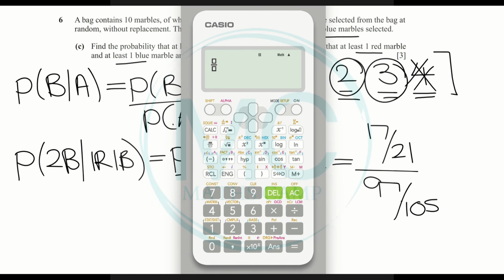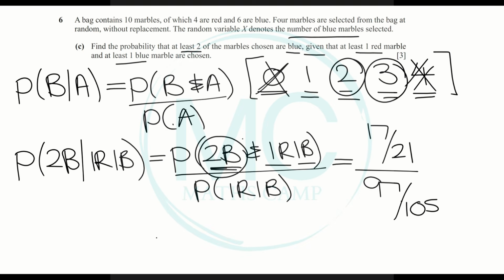Let's create a fraction. 17 over 21 over 97 over 105 is equal to 85 over 97. Let's make it a decimal. 0,8762. Round off to 3 decimal places. And I get my final answer is 0,876.